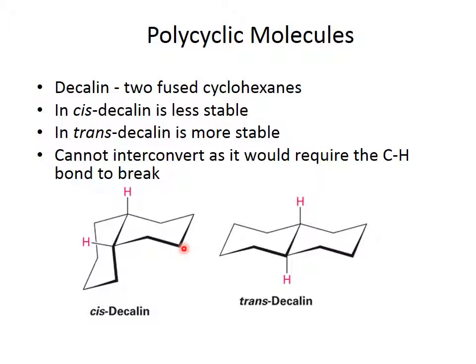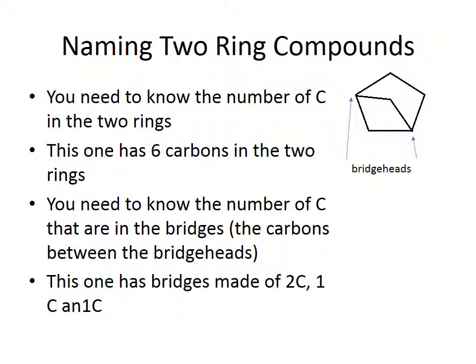You cannot interconvert these because you have to break a carbon-carbon bond. We actually find there's more steric strain here in diaxial interference than with this ring, and so this ring, transdecalin, is more stable than the cisdecalin, which we usually think of cis as being more stable intuitively, but you can see trans actually is more stable here.